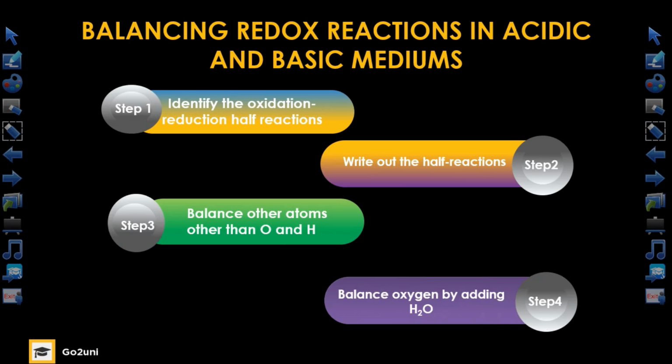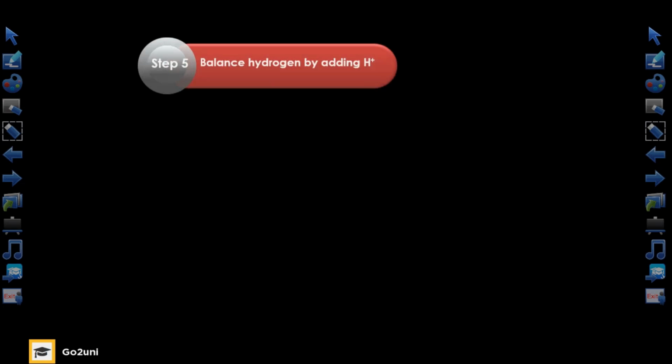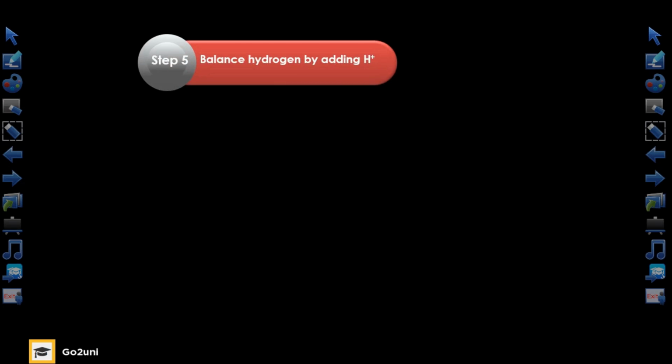And then we go ahead to balance the oxygen atom by adding water, that is the appropriate quantity of water that will balance oxygen where it ought to be balanced. By balancing oxygen using water, hydrogen must also be balanced. So we move ahead to balance hydrogen by the addition of proton, that is hydrogen ion.